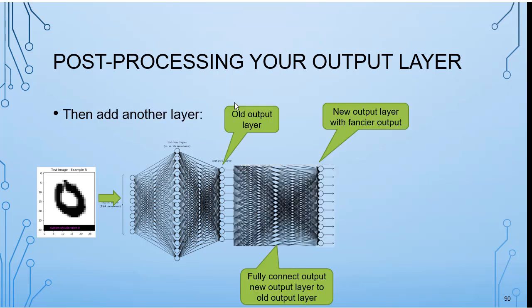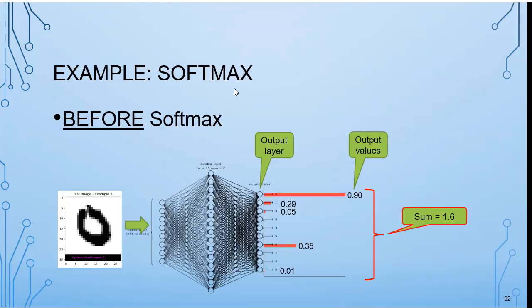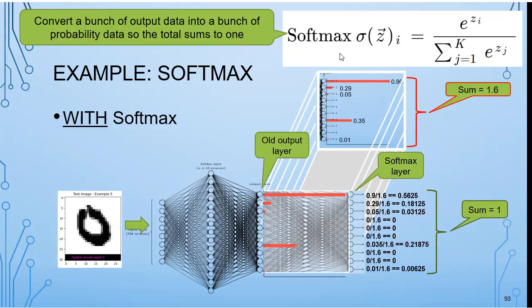For example, softmax is an activation function that takes whatever your output is and resets it so that the sum of all your output layer values is 1. Convert output data into what we would call probability data. All the outputs sum to 1.